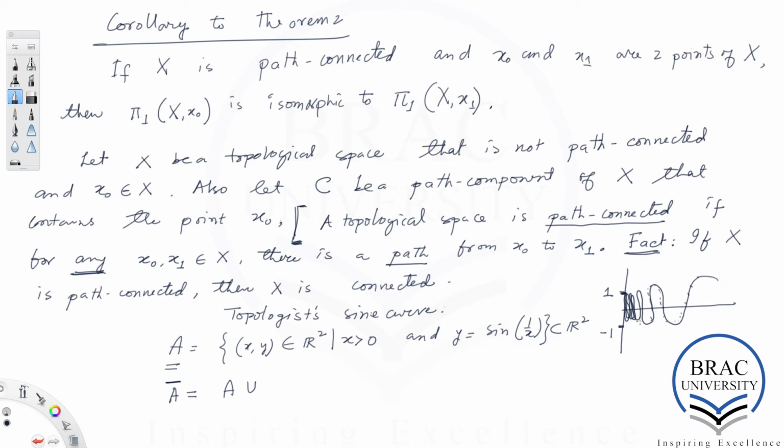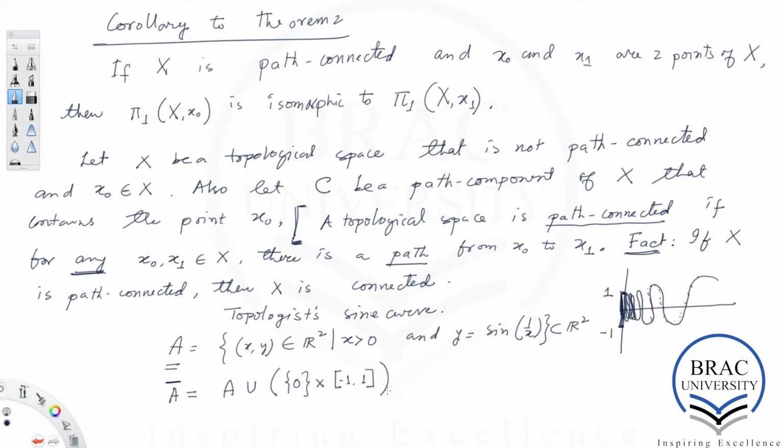Okay, so the union, this line segment, which is the point 0 times the interval -1 to 1.